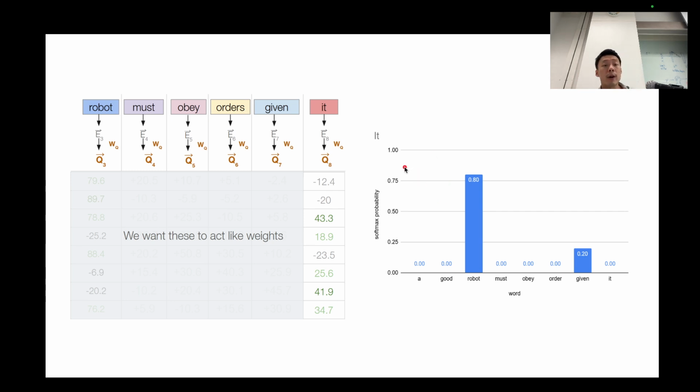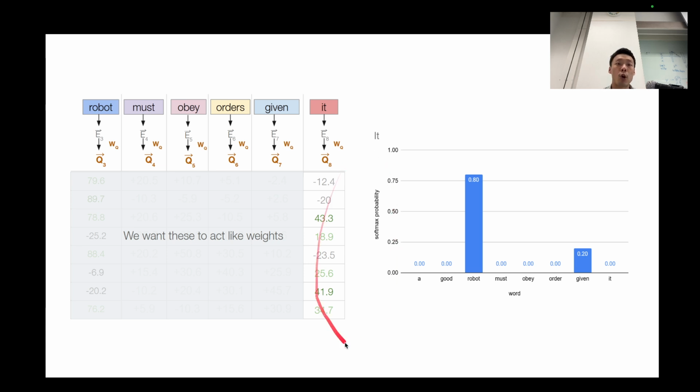Now you get some scores like this, right? Usually they are smaller numbers, but I want it to be clear. We want these to become weights. To turn any vector into weights, we use softmax. We see it every week, right?